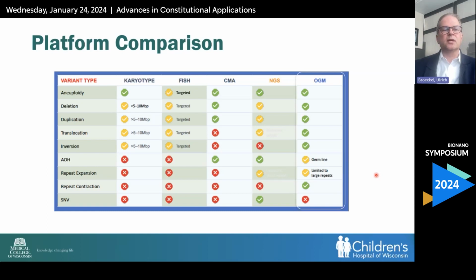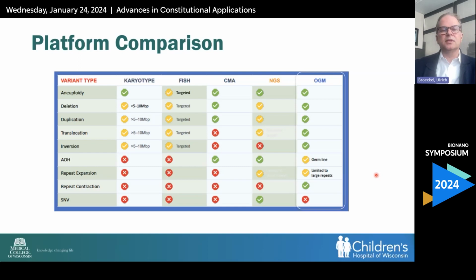For example, on karyotyping, the resolution in terms of size is deletions in a megabase range of about 5 to 10 megabases. Obviously, karyotyping also allows you to detect duplications, translocations, and inversions. Same for FISH, which we're all aware is a targeted approach.